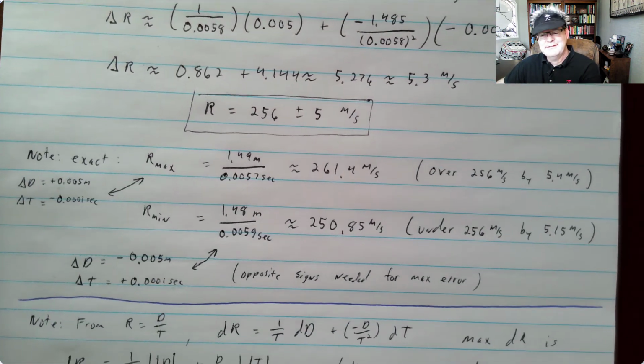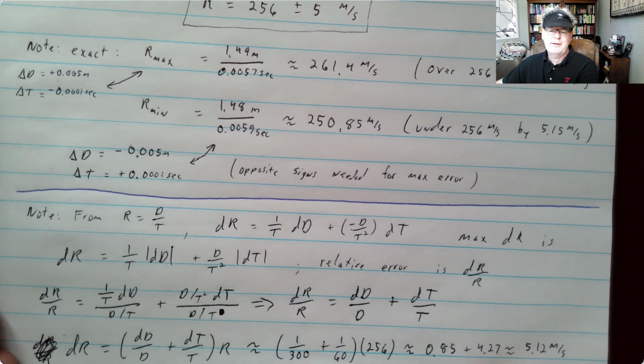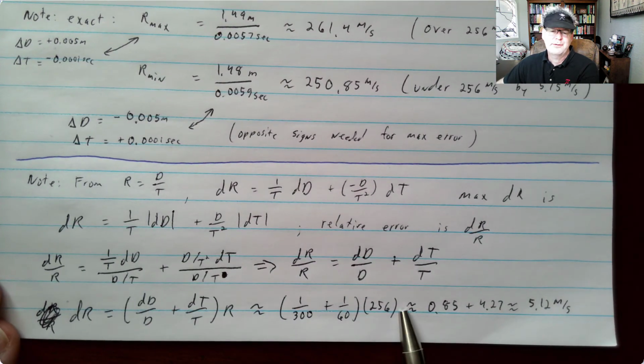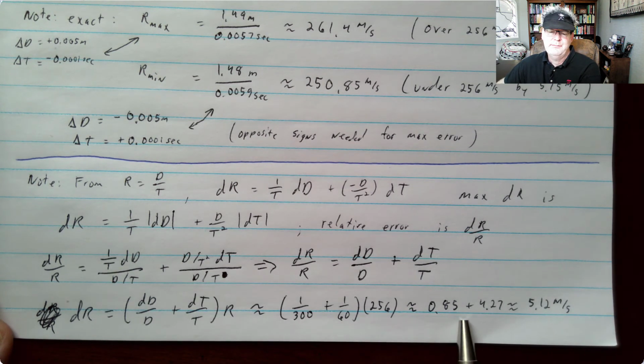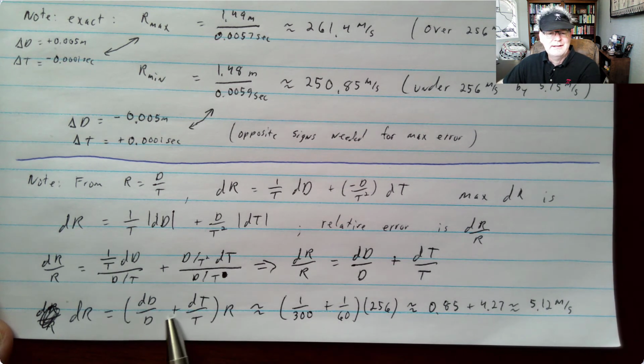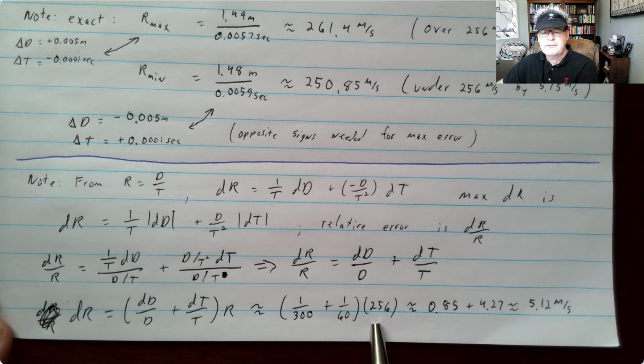And so in the video, he ends up with plus or minus 4 meters per second. I didn't throw it away, and you get actually an extra meter per second from that, right? So if you do 1 over 300 plus 1 over 60, times 256, you can see it's around 4, maybe a little bigger than 4, about 4.27.